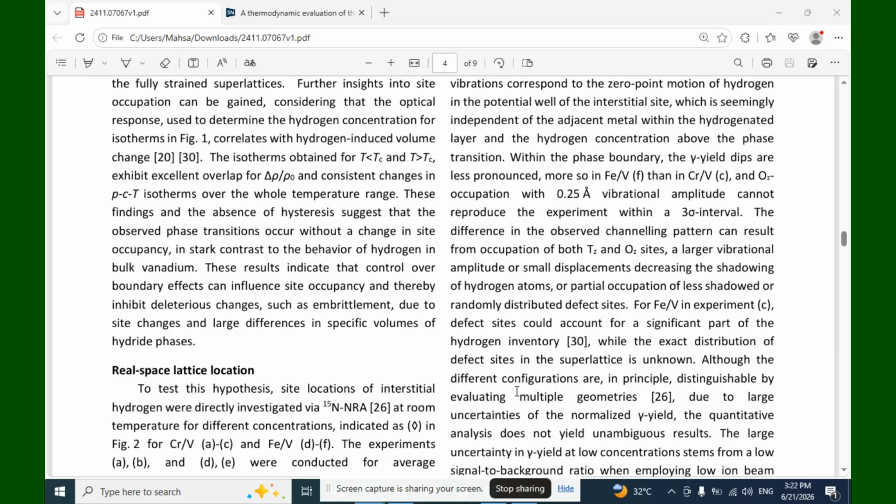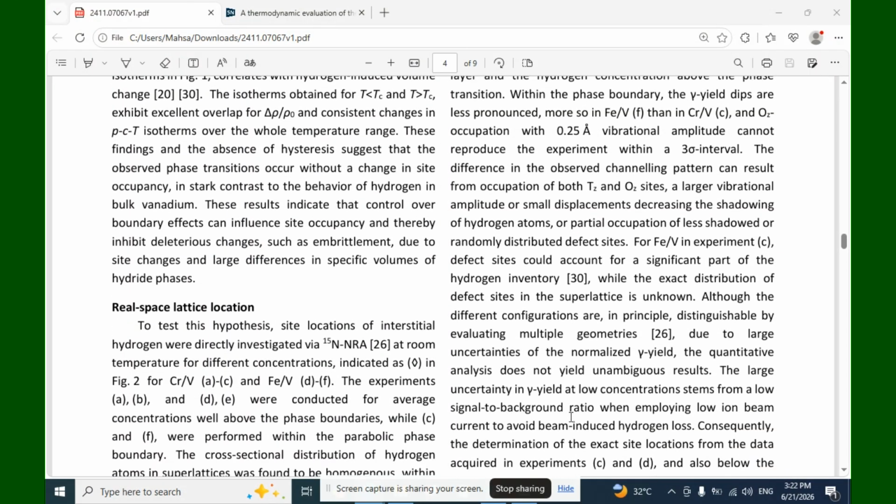Although the different configurations are in principle distinguishable by evaluating multiple geometries, due to the large uncertainty of the normalized yield the quantitative analysis does not yield unambiguous results. The large uncertainty in yield at low concentrations stems from a low signal to background ratio when employing low ion beam currents to avoid beam-induced hydrogen loss.